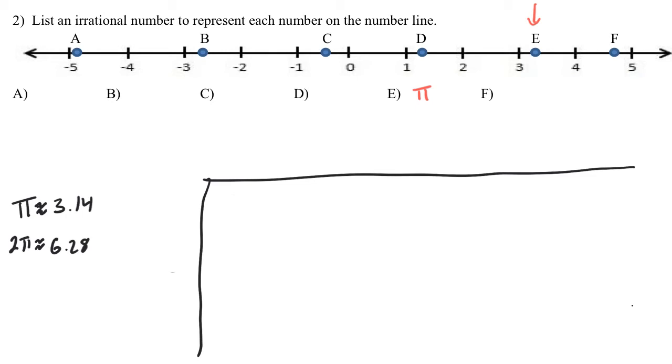For example, 2 times 2 is 4, and we would call 4 a perfect square. So I want to take a look at all of these numbers on the number line and write them as their perfect squares.